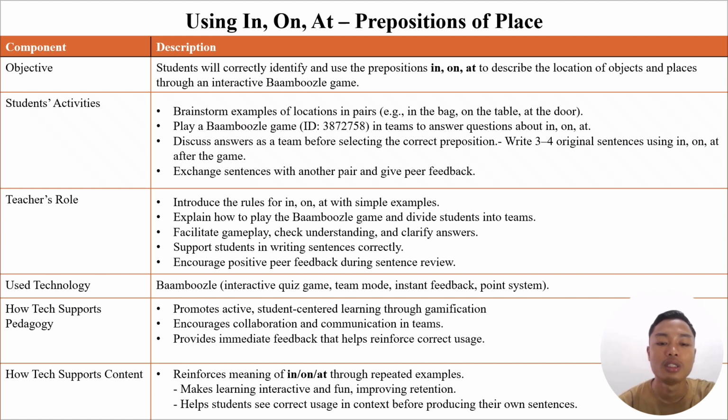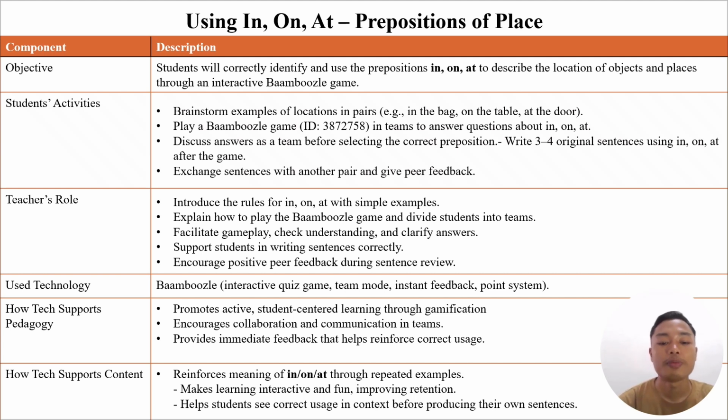Okay, point four is writing three to four original sentences. After the game, students individually write three to four sentences using the prepositions correctly. This step turns their understanding from recognition to production, strengthening their ability to use the language actively.